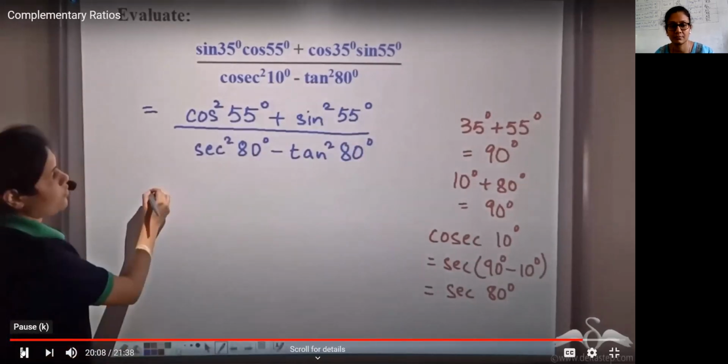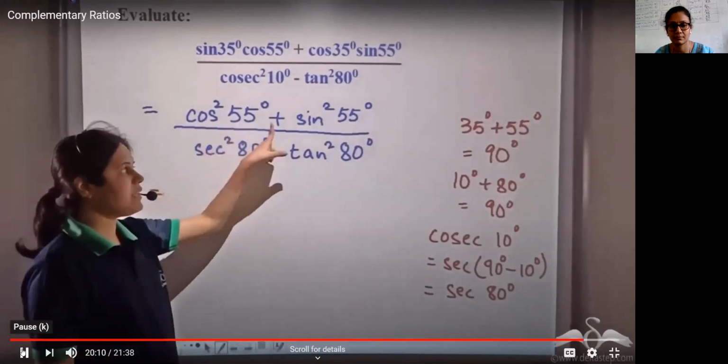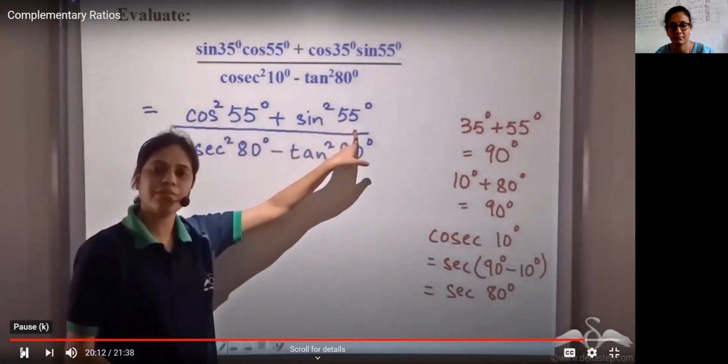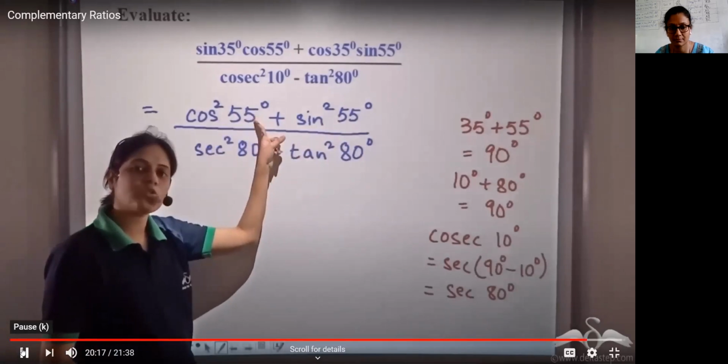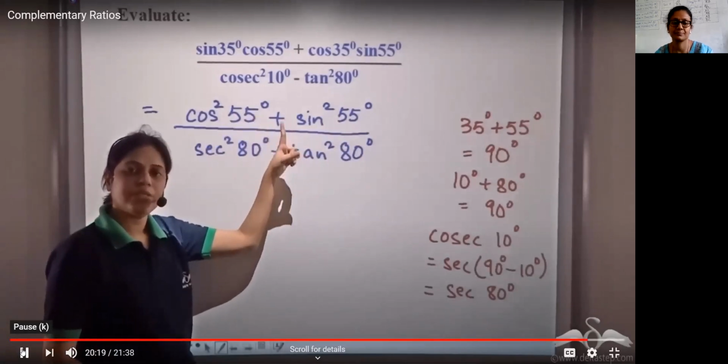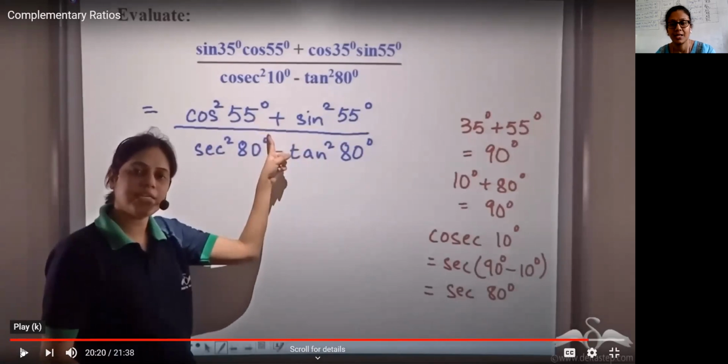Now we have cos square 55 degree plus sine square 55 degree. We know sine square theta plus cos square theta equals 1. That is an identity. Till here I wanted you to understand how one angle can be written as a complement of its angle. After this, she is going to use the identities to complete the problem.